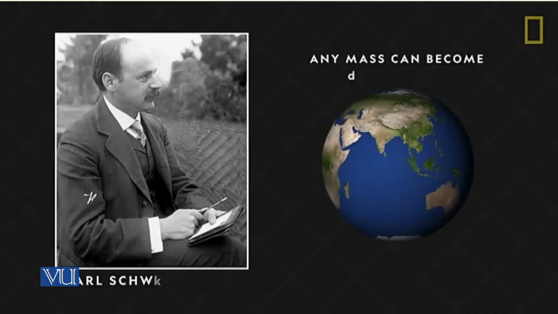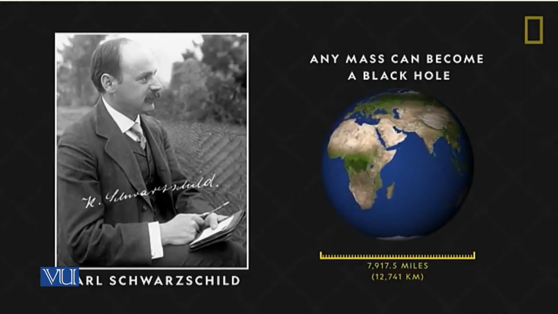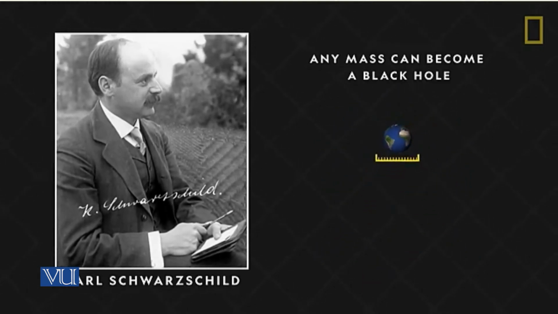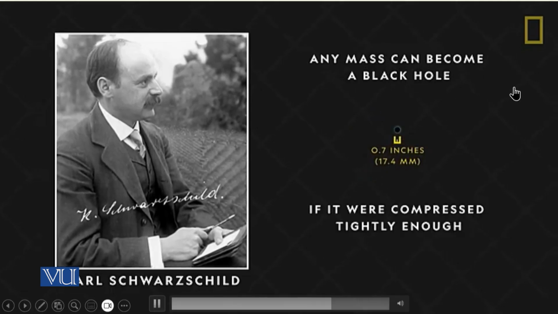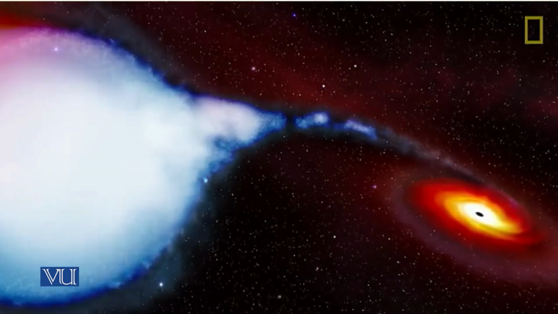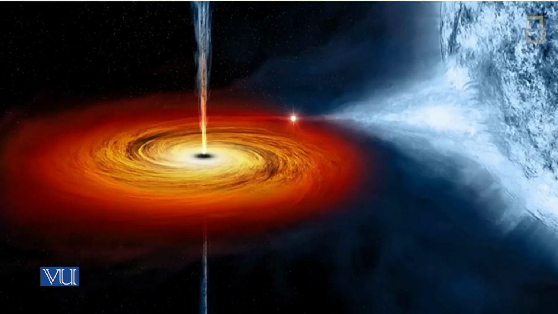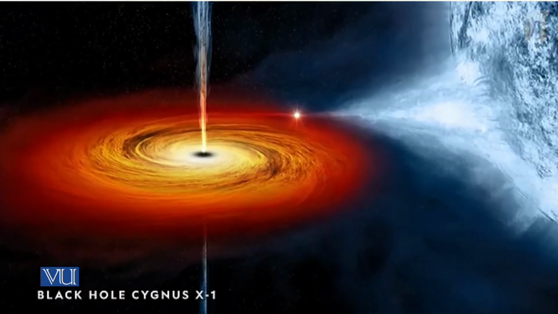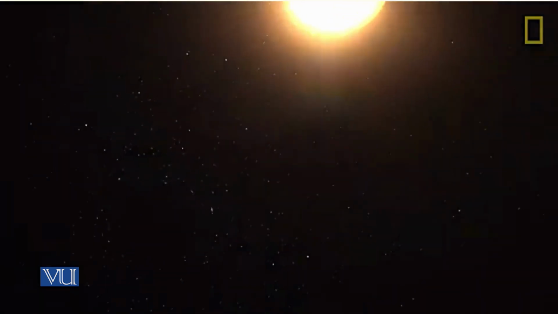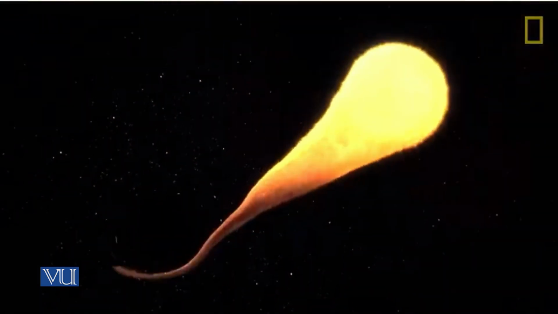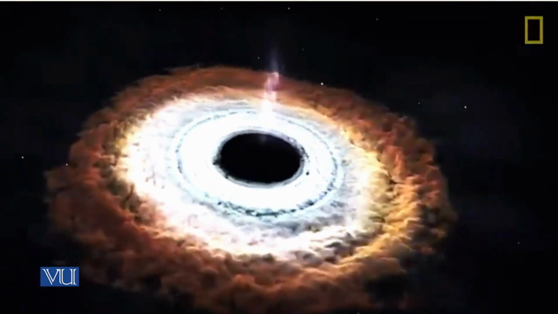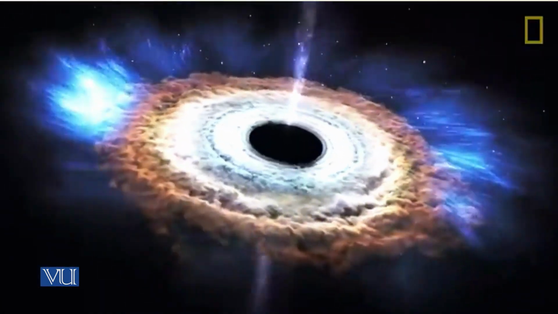In 1916, using Einstein's general theory of relativity, a German physicist named Karl Schwarzschild calculated that any mass could become a black hole if it were compressed tightly enough. But it wasn't until 1971 when theory became reality. Astronomers studying the constellation Cygnus discovered the first black hole. An untold number of black holes are scattered throughout the universe, constantly warping space and time, altering entire galaxies, and endlessly inspiring both scientists and our collective imagination.